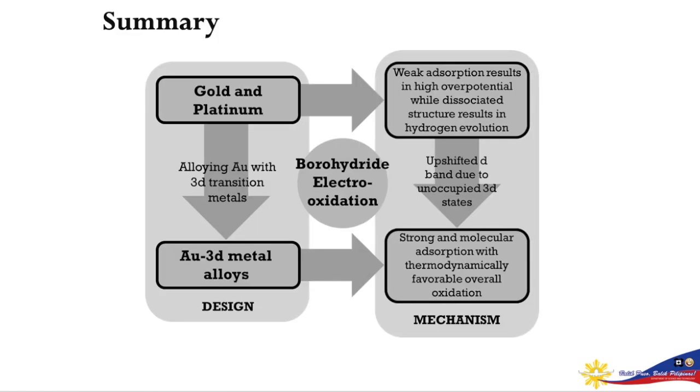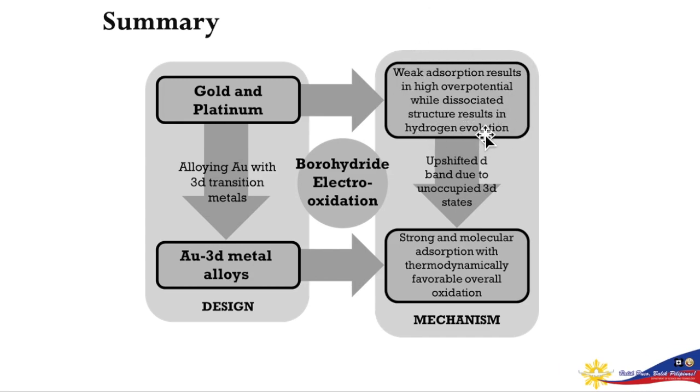To summarize the presentation, I have shown that through our study on benchmark systems, in particular gold and platinum catalysts, we have found that the weak adsorption of borohydride results in high overpotential, while the dissociated structure results in hydrogen evolution. So we have used this observation in order to design new catalysts.